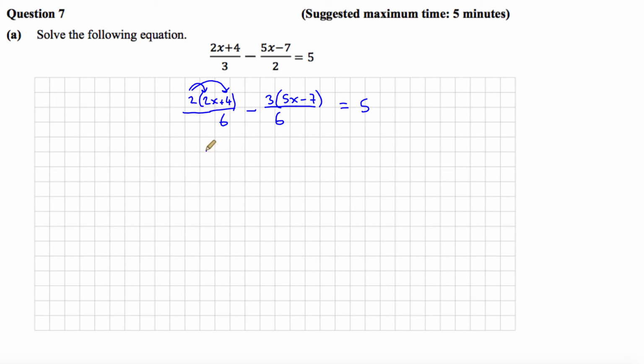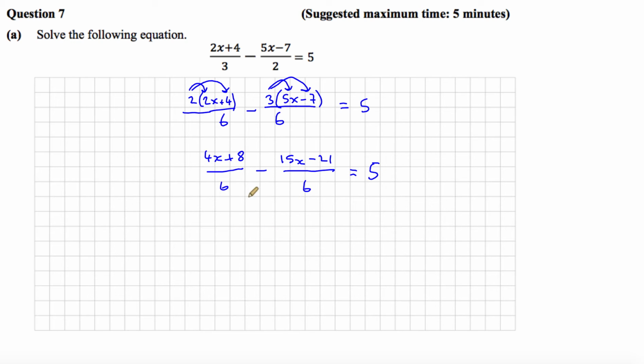So we get 4x plus 8 over 6, subtract, expand these brackets here. We get 15x minus 21, and that's again all over 6. And this is still equal to 5.